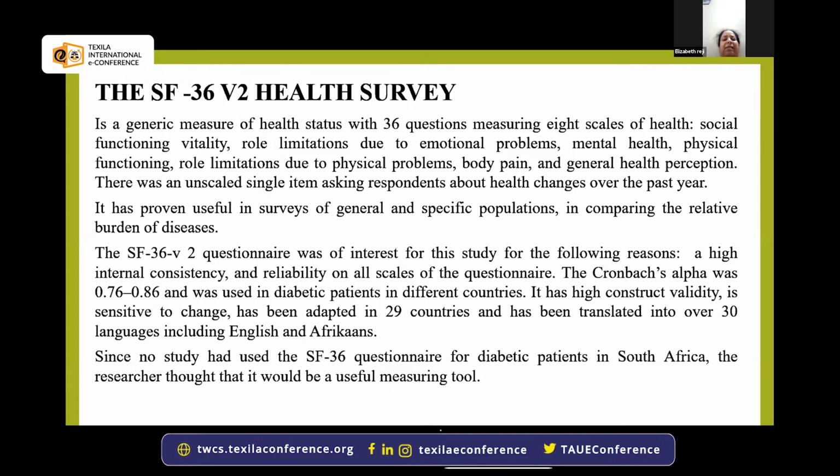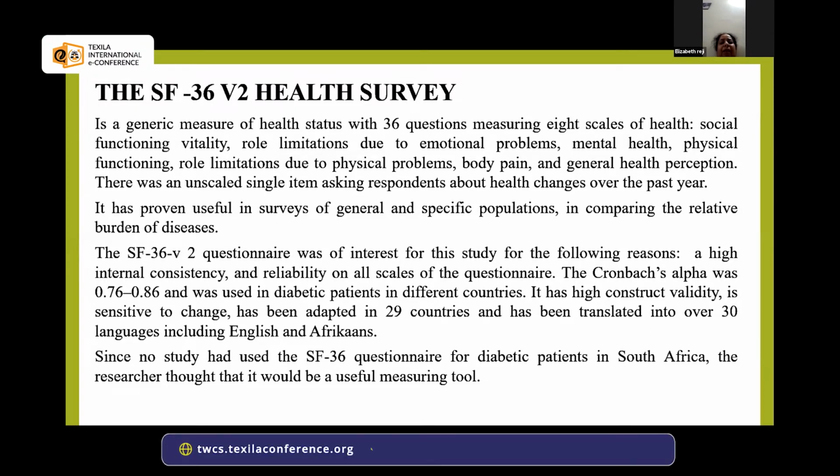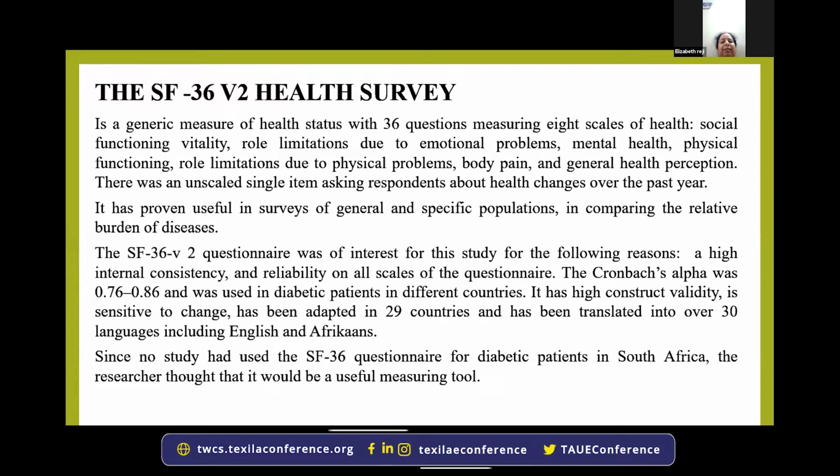I used this instrument because there is high internal consistency and reliability for all the scales in the questionnaire. The Cronbach's alpha was 0.76 to 0.86, and it was used in diabetic patients in different countries. It has high sensitivity, high construct validity, and is sensitive to changes.